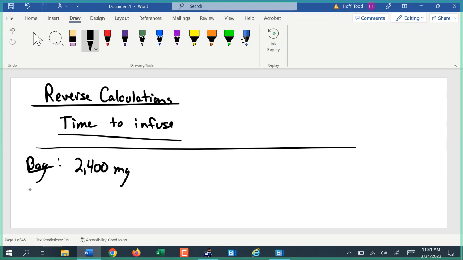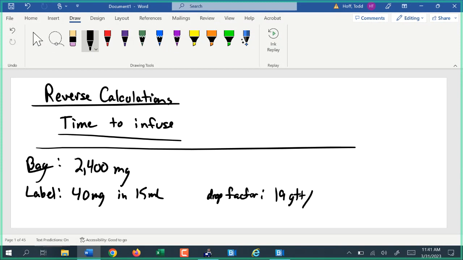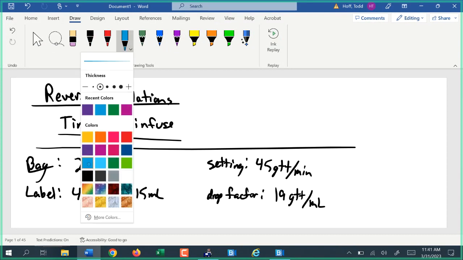And we look at the label on that bag, and it says that it is constituted at 40 milligrams in 15 milliliters, and that it has a drop factor of 19 drops per milliliter. And then we look at the infuser itself, and the setting on the infuser shows it is set at 45 drops per minute. And we want to know how long this is going to take.